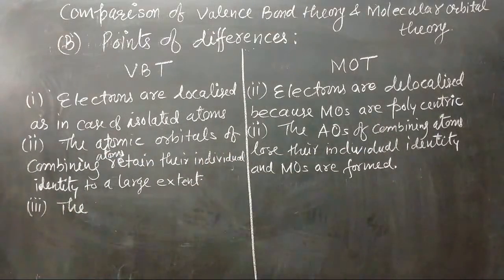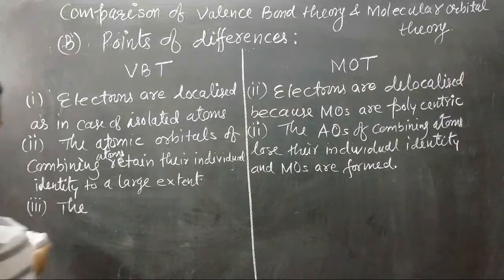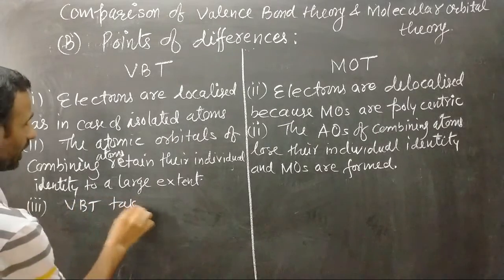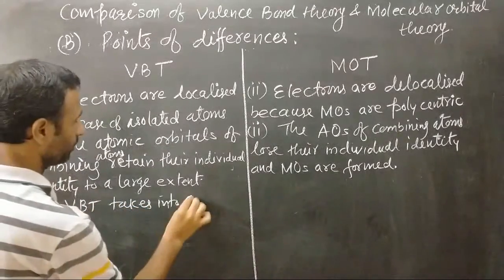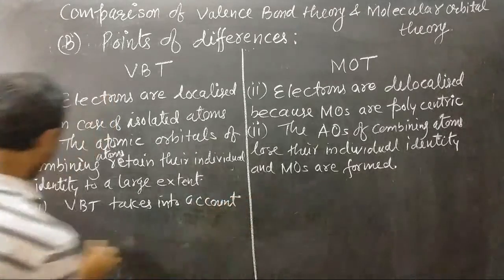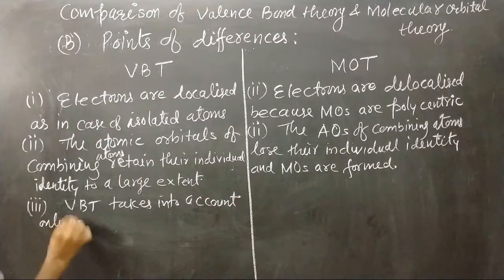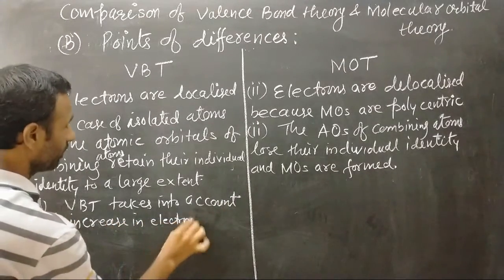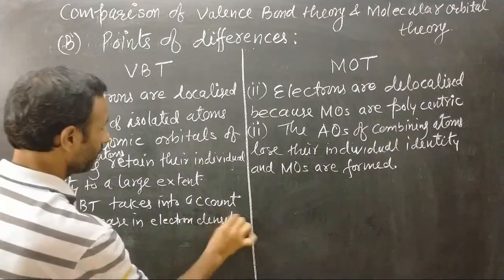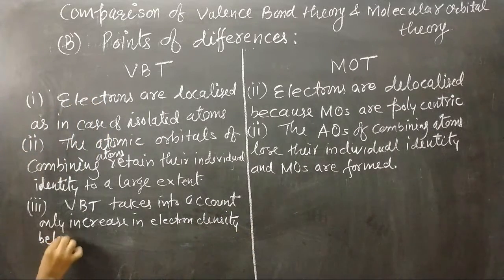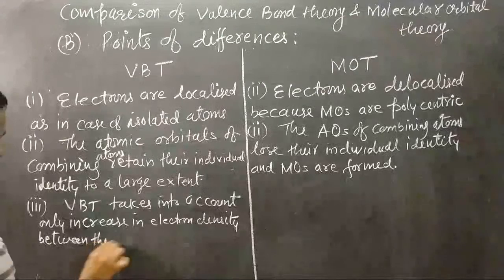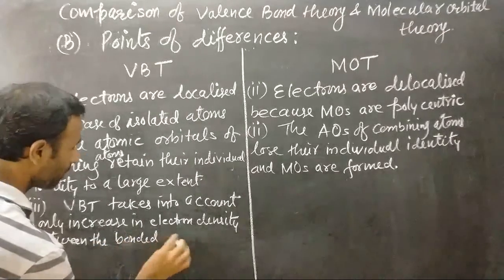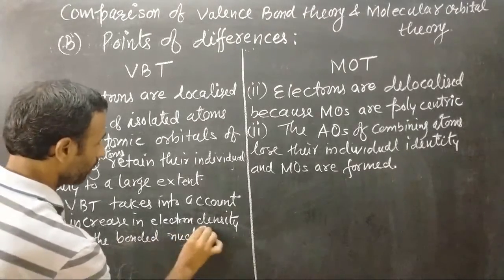So the valence bond theory takes into account only increase in electron density between the bonded nuclei or combining nuclei, right?